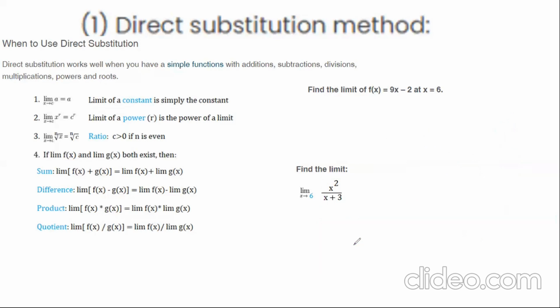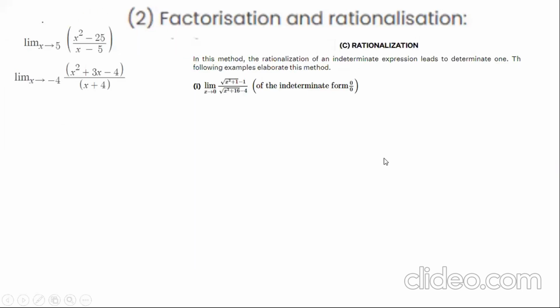So now I think the concept of this direct substitution method is crystal clear, right? Yes, very good. Let us move to the factorization and rationalization method. First, let us observe the factorization method.